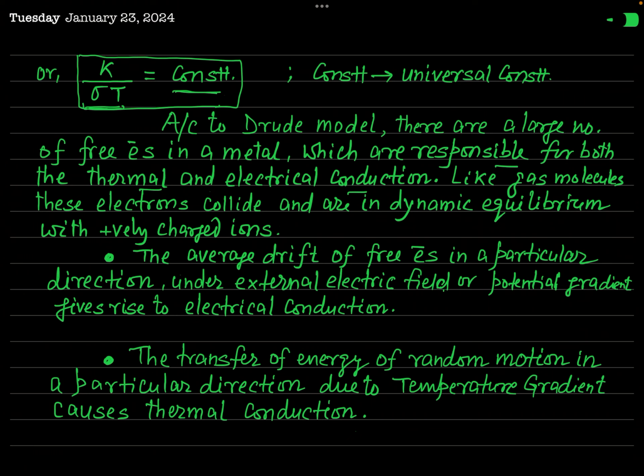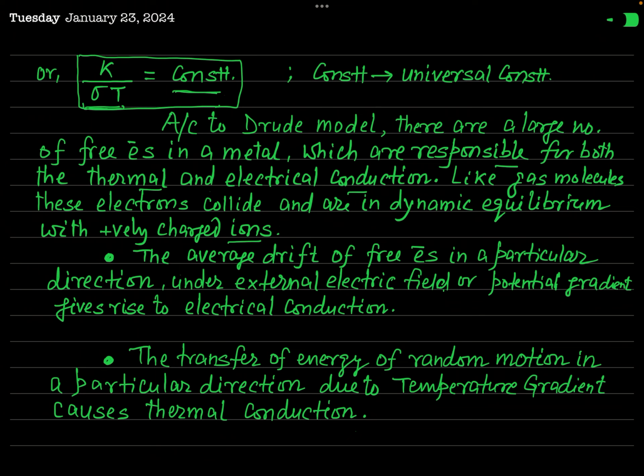So the thermal conductivity and the electrical conductivity can be explained on the basis of this Drude theory of free electrons of metals. Okay? In fact, how we can explain it, we will learn in this lecture.